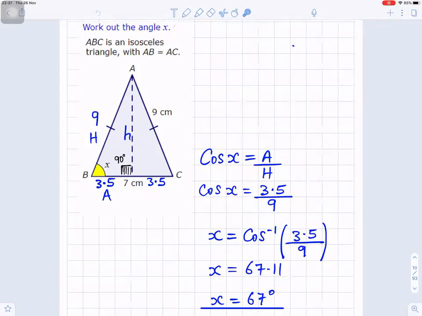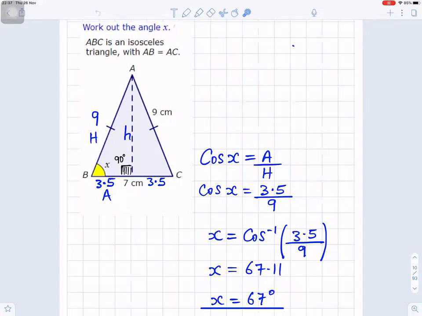So you have a right angle triangle there, which you can apply the trigonometric ratio. So you know the adjacent, 7 divided by 2 is 3.5, half of that. So you know the adjacent to the x is 3.5 and the hypotenuse is 9. So which of the trigonometry has A and H?